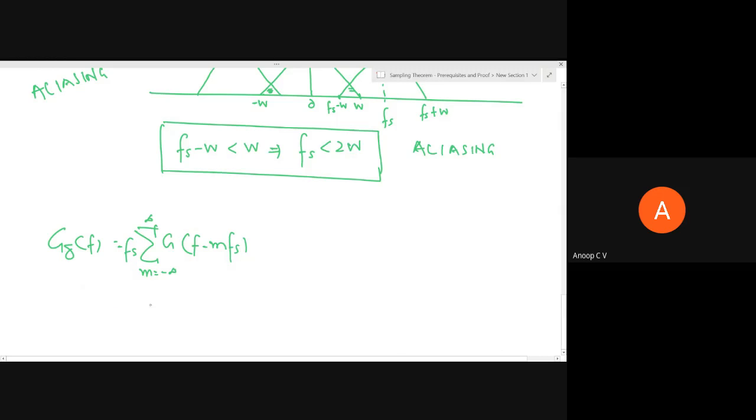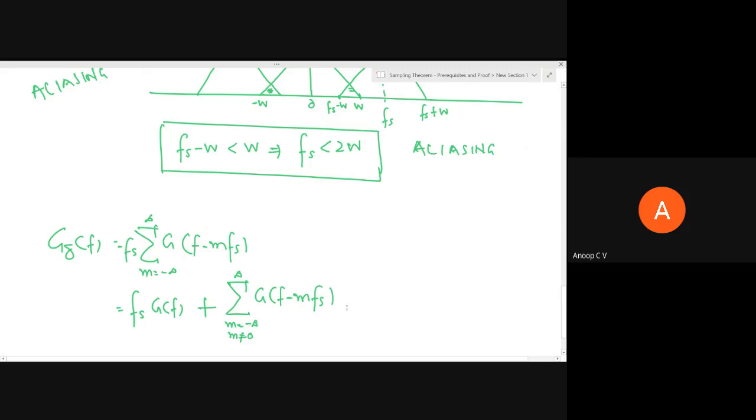I can rewrite it by considering the case when m is equal to 0 first. When m is equal to 0, that term will be fs times G(f), plus, as the second term, the case m not equal to 0. That is, the summation where the index m runs from minus infinity to infinity except for m equal to 0, of G(f minus m fs).